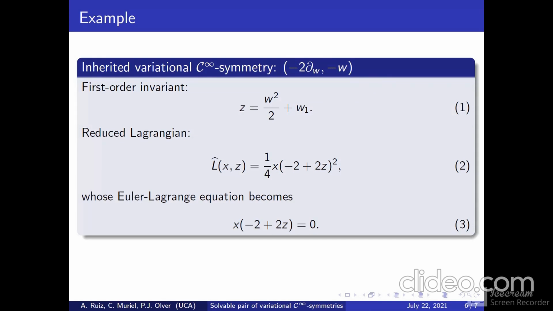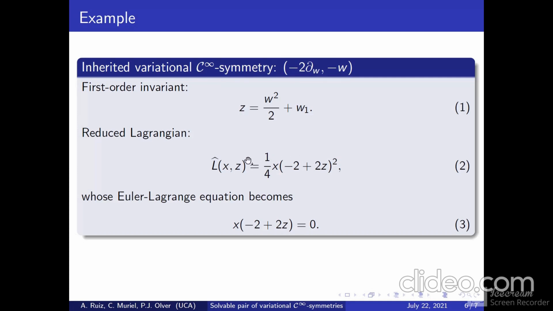Here we can apply again the computation of the invariants of the corresponding lambda prolongation of the vector field. A first order invariant takes this form, and it can be checked that the first order reduced Lagrangian that I showed to you previously can be expressed in terms of the invariant of this lambda prolongation in such a way that a new reduced Lagrangian is obtained.